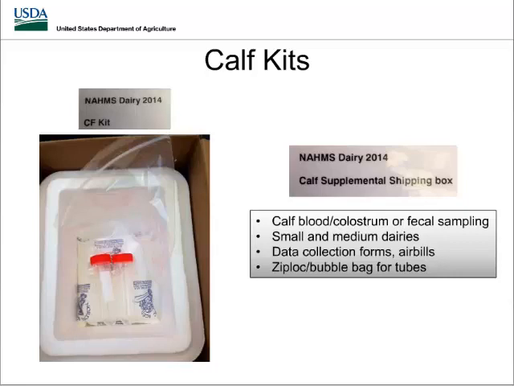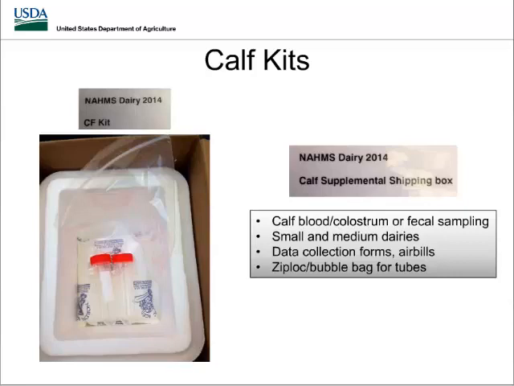The air bills are labeled so that it'll be easy to pick the correct paperwork for the type of samples you have. So you just need one type of supplemental shipping box. It has the paperwork for both colostrum and blood samples and for fecal samples.